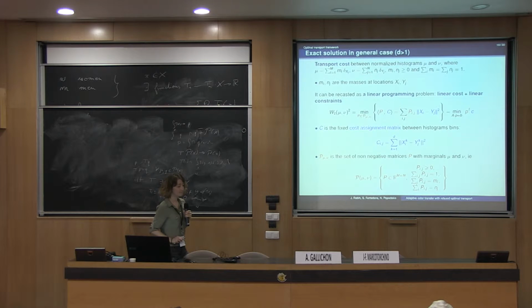Okay? So we find the distance between the points, and P is going to be the probability matrix. What does that mean? This means that every element has to be bigger than 0, the sum of the overall mass has to be 1, and the marginals have to be the marginals of mu and nu.